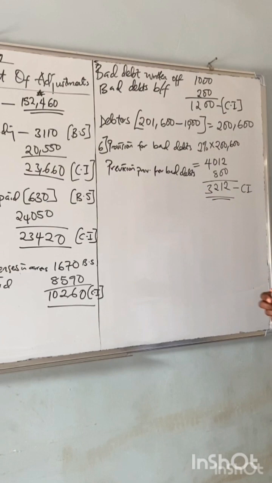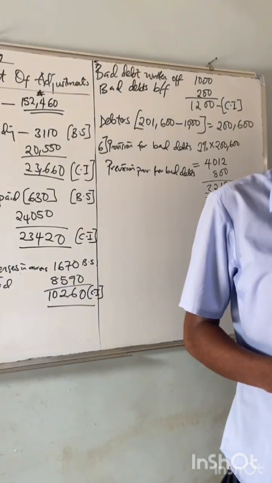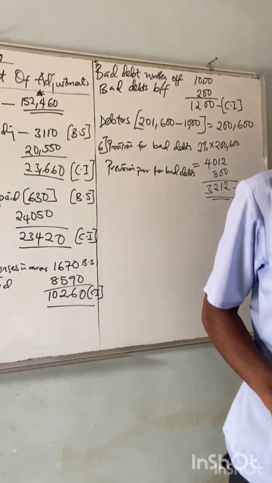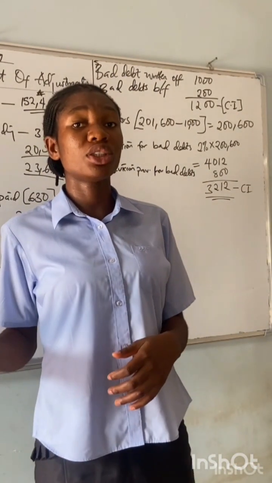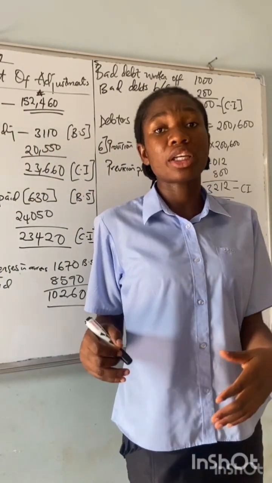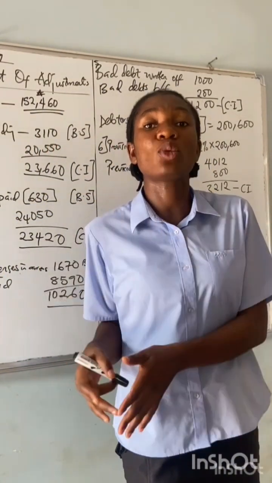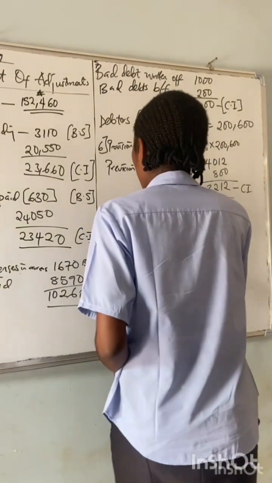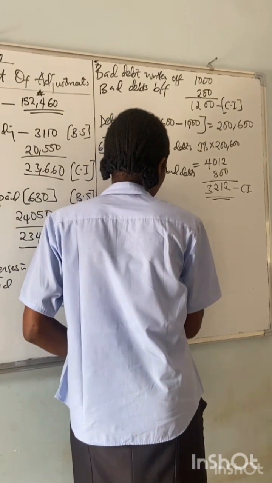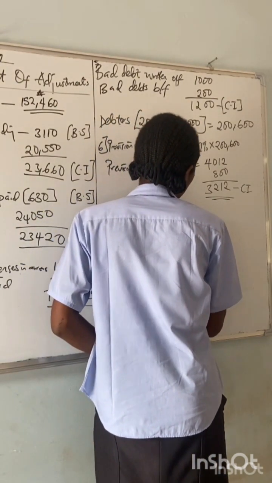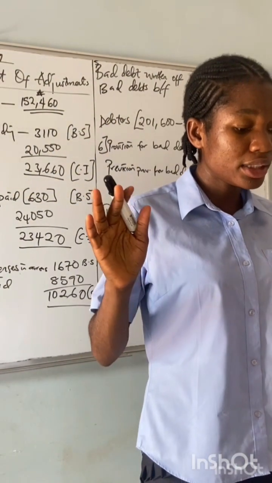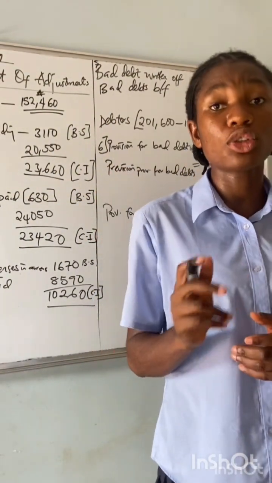Now the next information we have to adjust for is the provision for depreciation. Like I said, when provision for depreciation comes in the additional information, we treat it as the annual depreciation. Provision for depreciation is given, and they said for motor vehicle it should be the rate of 5%.